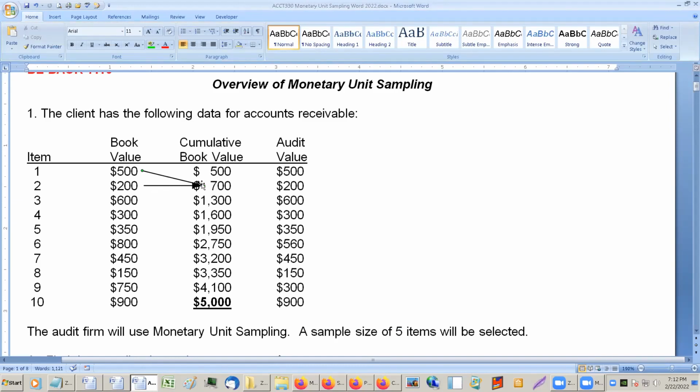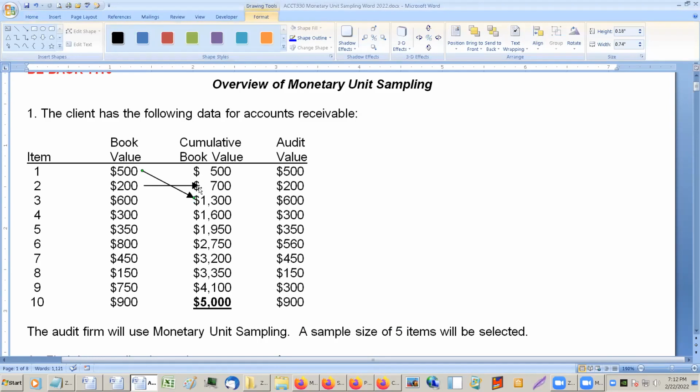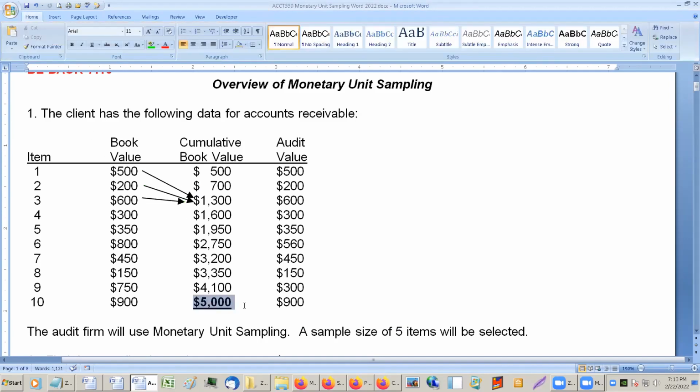You go to the next one, and it'll be three. Just keep going down. So the total value of this is 5,000, and it just keeps building up in this cumulative total that we're going to have here in the middle.